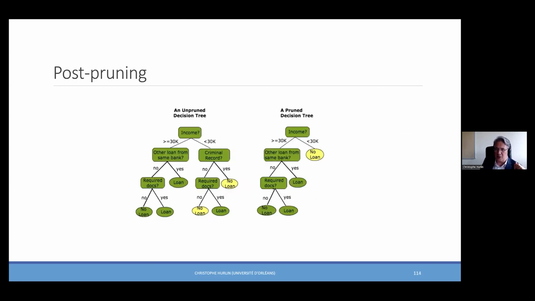Let us imagine this is an initial model on the left. Then ex post, once this model has been trained, I will consider removing this part. I have a pruned model, and I will compare these two models in terms of complexity and in terms of accuracy or decrease in the impurity.